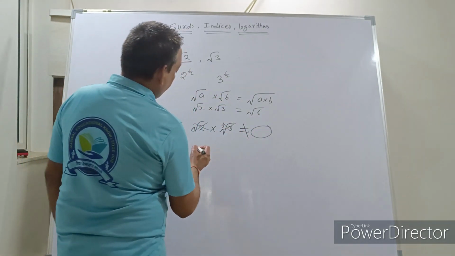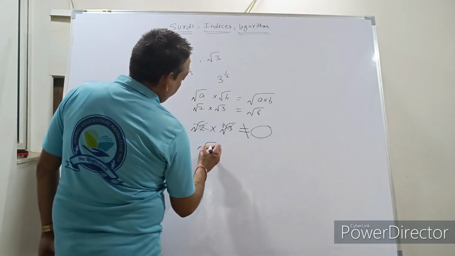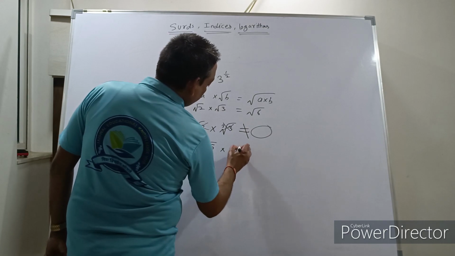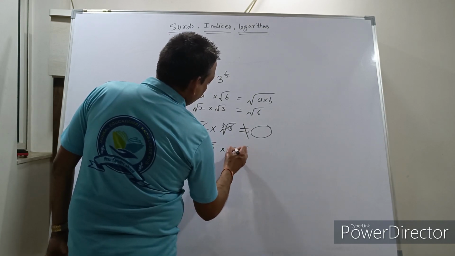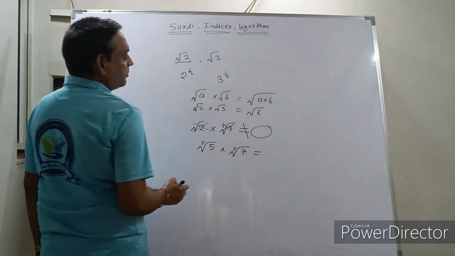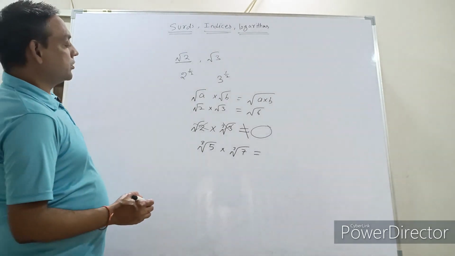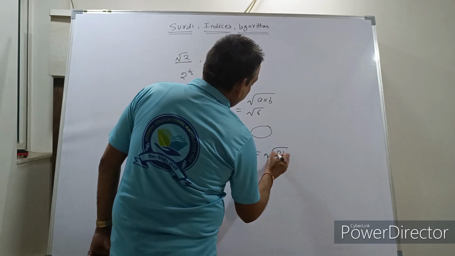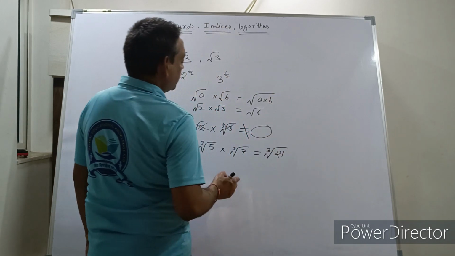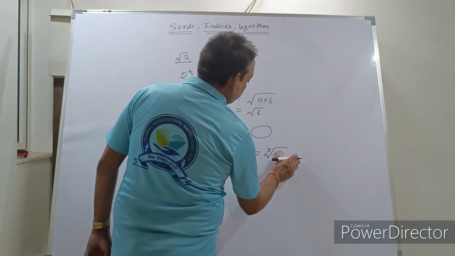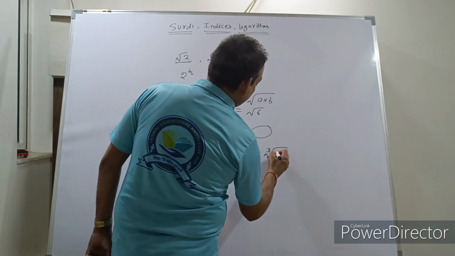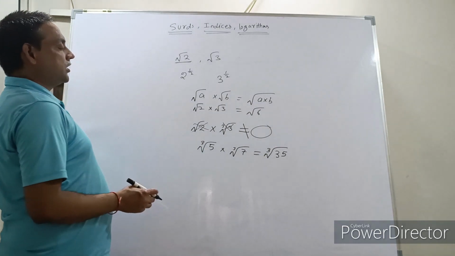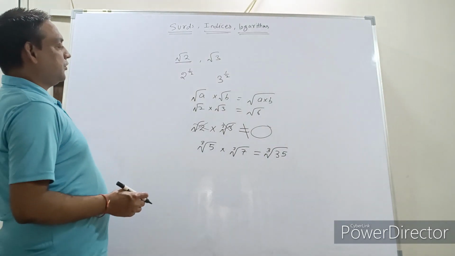Now suppose we have the cube root of 5 multiplied by the cube root of 7. Still we can multiply because both are cube roots, so it becomes the cube root of 35, since 7 times 5 is 35.